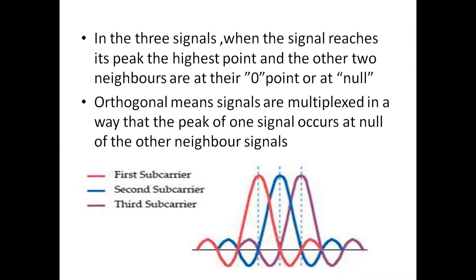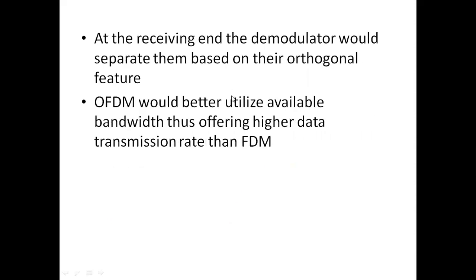There is no guard band, but in the case of FDM, there is a guard band. Even though there is no guard band here, we are using the orthogonality function. Orthogonality means that if one signal is at the peak position, the other signals are at null positions. By the use of this orthogonality, we can send the signals without any interference. So that is the point.